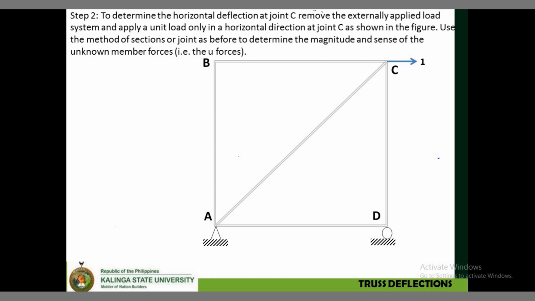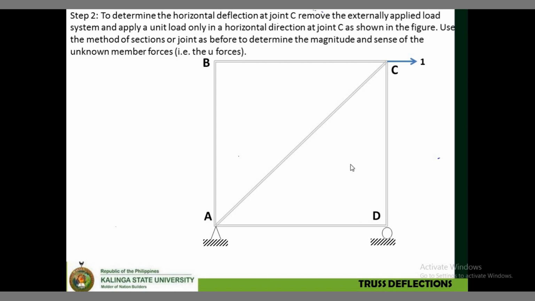Now, dito sa problem na to, inassume ko na si joint C, magmumove siya to the right. Okay? Kung mag-solve naman kayo, nasa sa inyo kung to the right or to the left. Depende na sa inyo yon. Basta ang importante kasi dito, yung paglagay mo ng 1 unit load ay nasa horizontal direction.